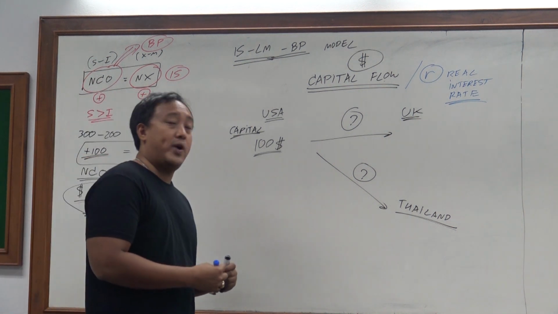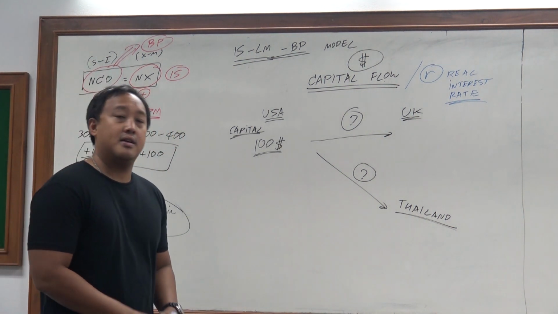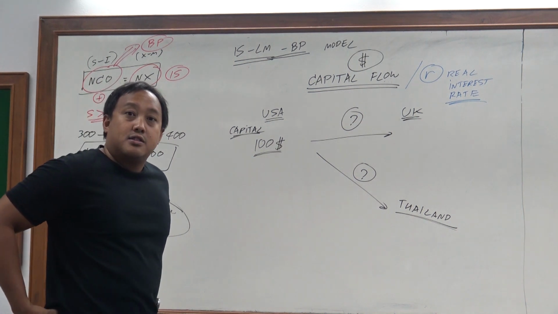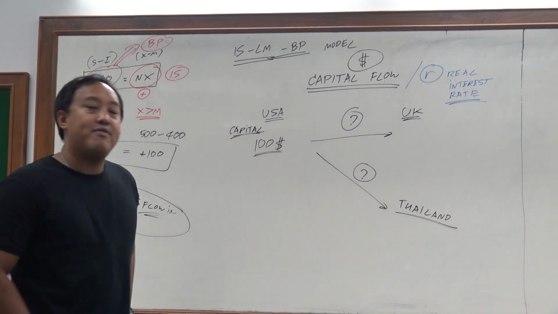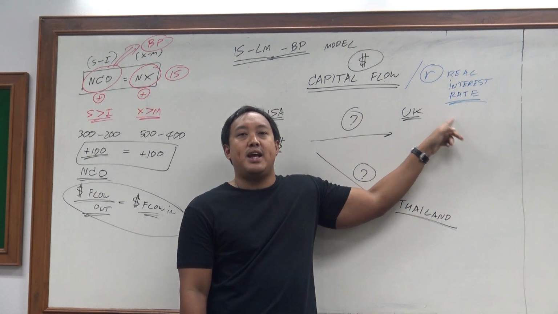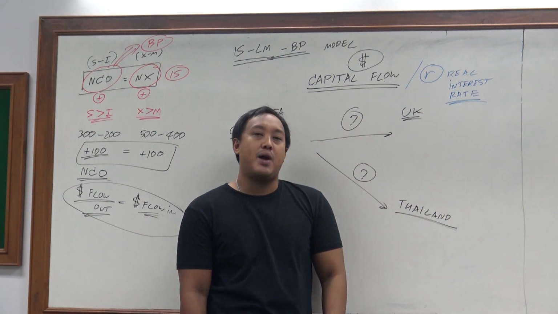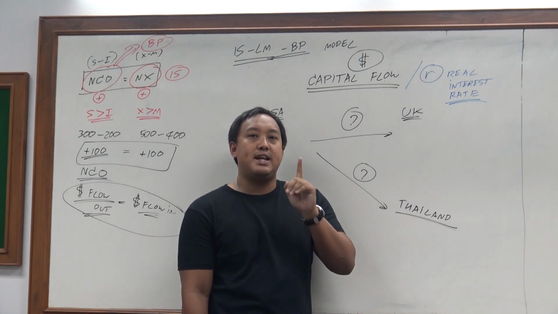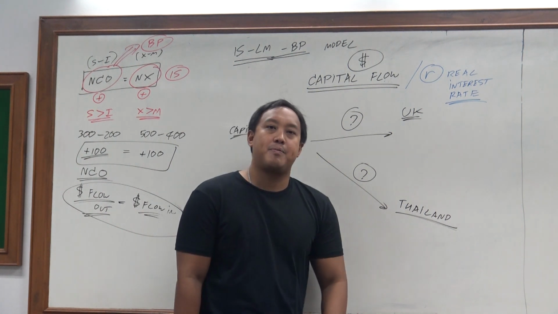So what does it mean by the real interest rate? If you have money, if you have savings, the real interest rate is considered to be the return on your money.